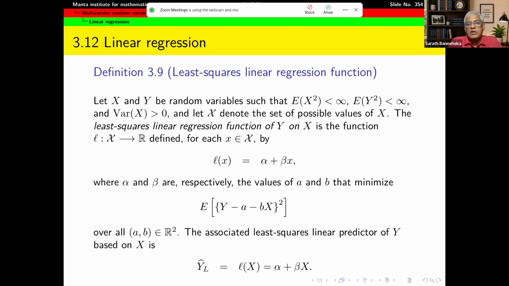So that is a particular function of x, where x is a possible value of capital X, and alpha and beta are the two values that minimize the expected value of a squared term. So what is this? Y minus A minus bX, squared.